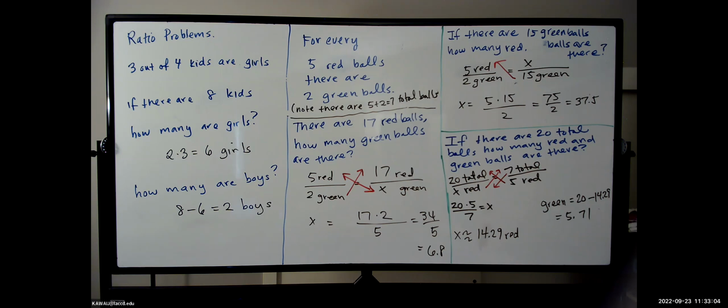Okay, well, there's a different worksheet I gave you. I gave you 2 ratio worksheets. So one is pretty straightforward, and then the other one is just like what we just did.